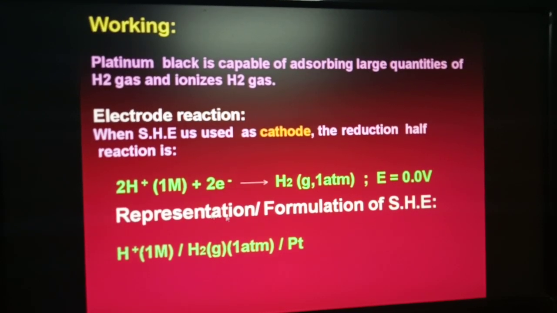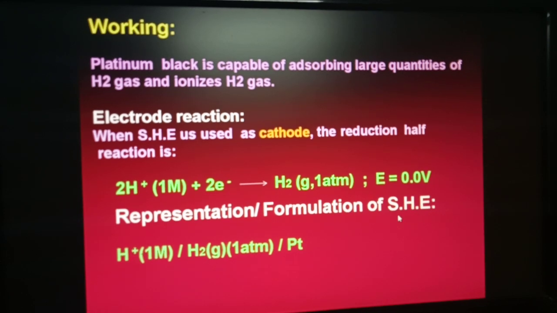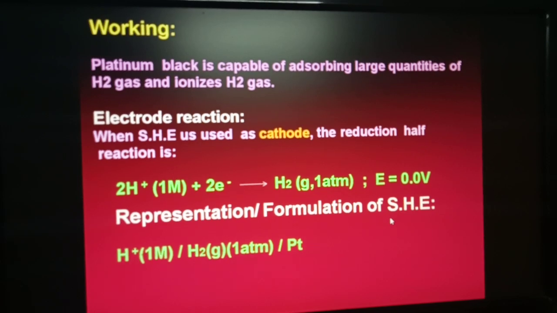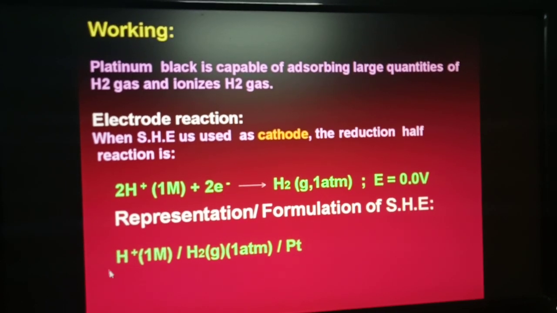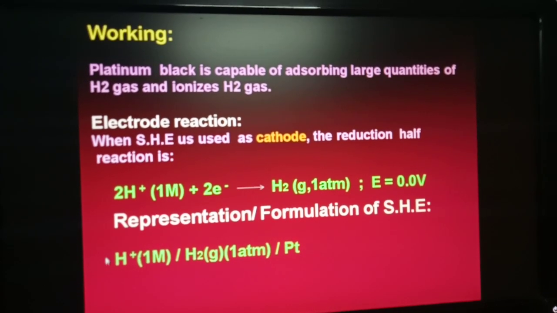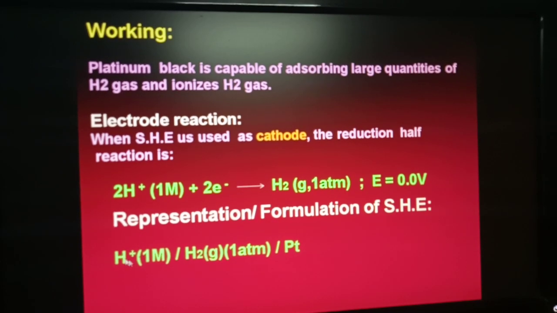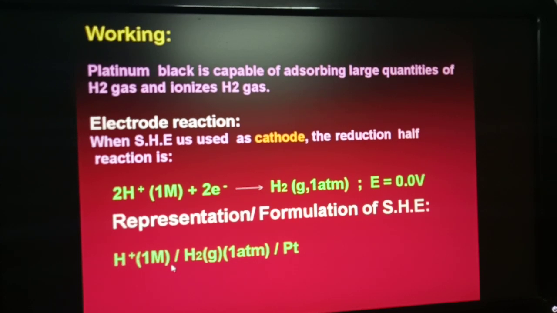Now how to represent or formulate a standard hydrogen electrode? The conventions are already taught in the previous lecture that you have already completed. So always for a gas electrode, the electrolyte or the ion which is common to the gas taken should be placed to the left side along with its molarity.